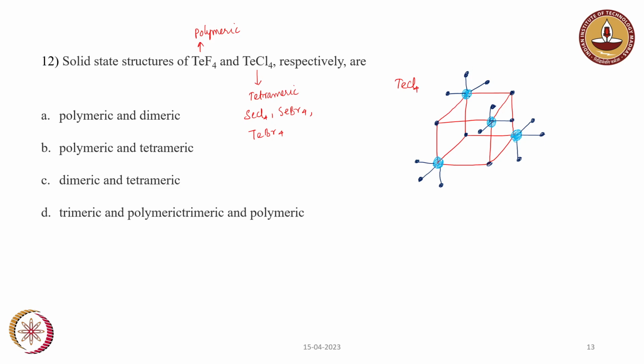So for this particular tellurium, this will be the first chlorine, second one, third one, and fourth one. And this one we can consider as the second tellurium, with its chlorine on this one and this as well. So all these dark blue atoms will be the chlorine on tellurium. And if we take this one as the third tellurium, this will be the chlorine on it.